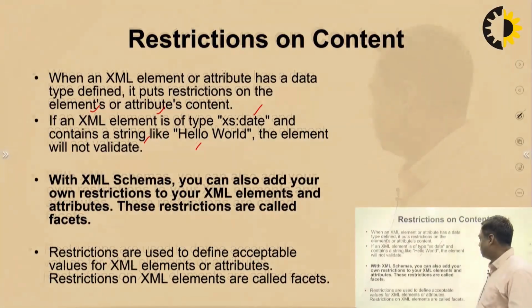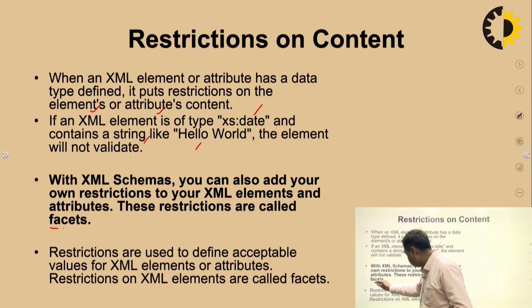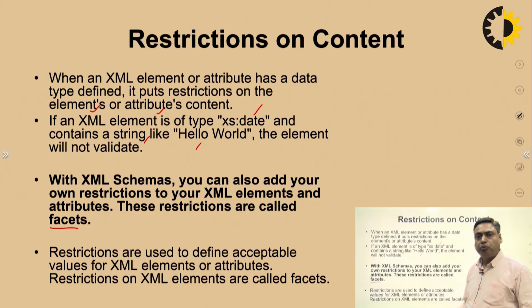This is one way of giving a restriction: defining the type of content of the element or attribute, and accordingly you need to give the content, otherwise your XML will be invalid. Now, you can have many other restrictions also, and these types of restrictions are called facets. So, here we are putting restrictions on the content of XML data.